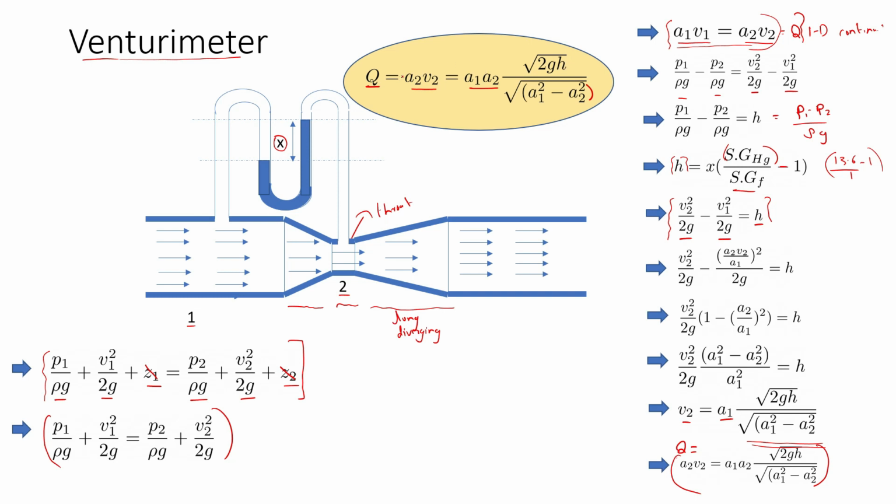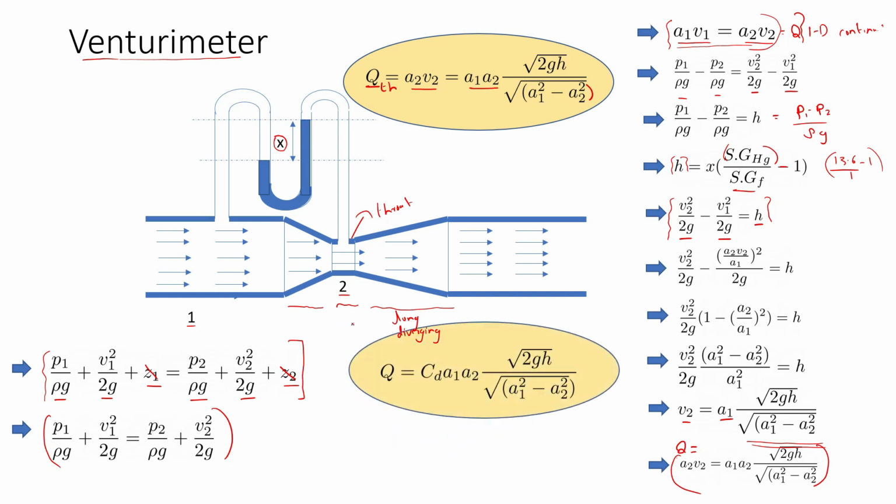So this is the theoretical discharge, but the actual discharge will be slightly different. You need to multiply with another coefficient, CD, the coefficient of discharge, into A1 A2 root of 2GH by A1 square minus A2 square. This CD is found experimentally.